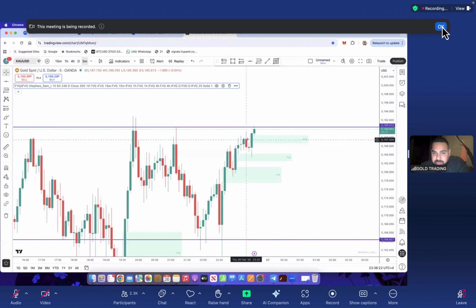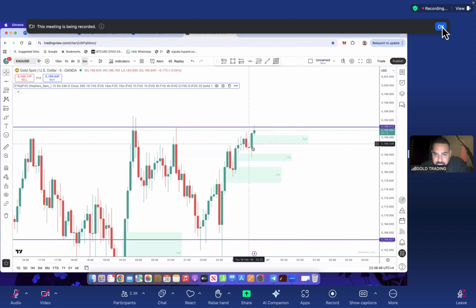This 5 minute candle opened where the top part of this body is. It pushed up to here, then it came down to the bottom part of the wick and closed back up here. Then it opened again right here, pushed up, came down, and closed right here.